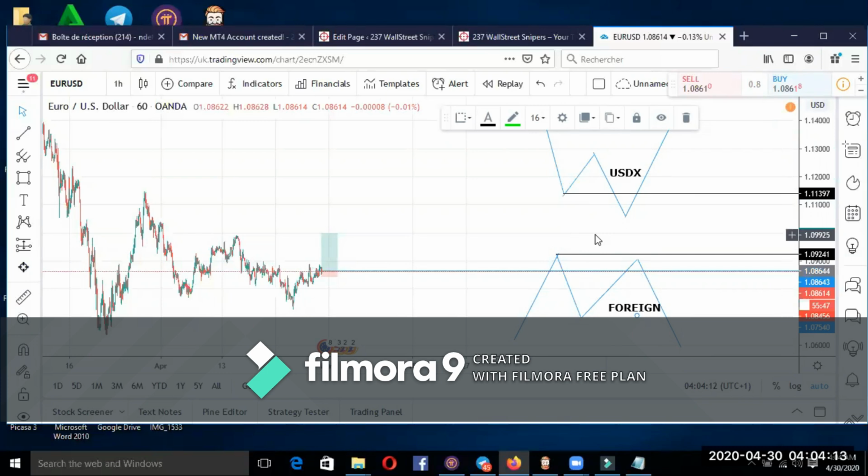See, the US dollar will break and take out the previous low, running stops or taking out the sell stops in order for the market to reverse. But in the foreign currencies, you will see a failure of the market to break this market structure as a running stop loss, but a reverse, right?